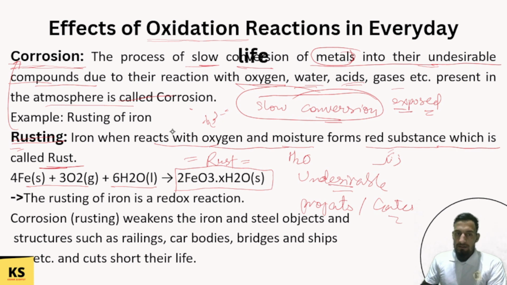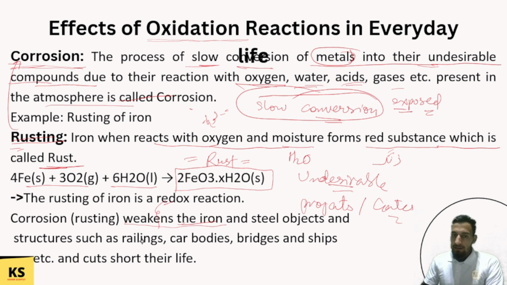Hence we say that it is undesirable. ये होता क्यों है? Because it is exposed to oxygen and moisture. Corrosion weakens the iron. अब ये undesirable क्यों है? क्योंकि ये हमारे जो आयरन है, this iron or any other metal, it weakens it. जो हमारी स्ट्रेंथ होती है किसी भी मेटल की, ये उसको कम कर देता है.